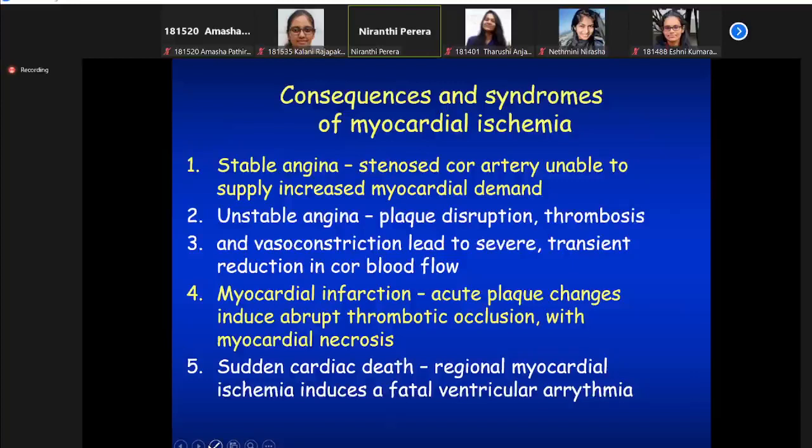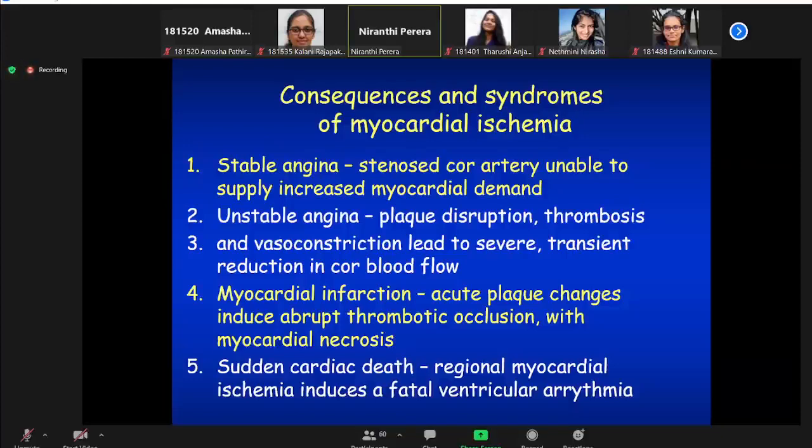That is actually a continuation of the earlier one, but you can get spasm on its own. But usually with that thrombosis, you can get reduced lumen formation; the patency of the artery reduces. Then you can get a myocardial infarction with acute plaque changes.